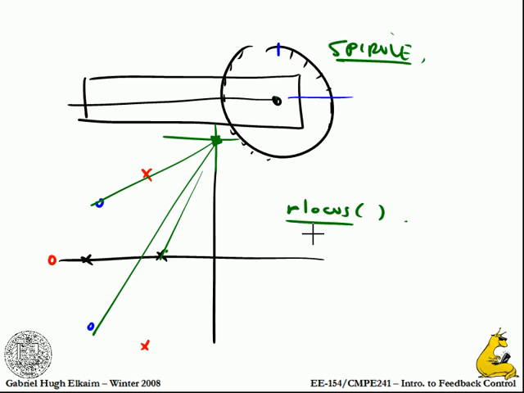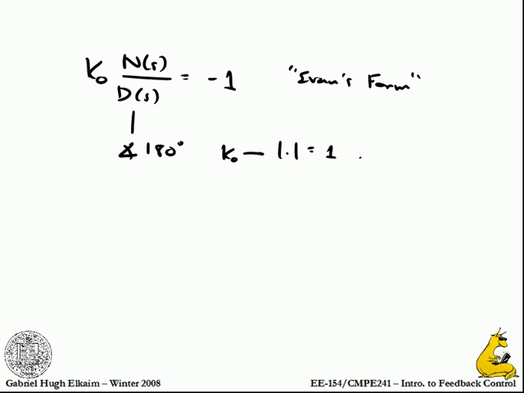Okay, so let's start with a couple of these shortcuts. Let's see, where do I want to go? Okay, so there's a whole bunch of rules for the Evans root locus. Let's start with the first one.